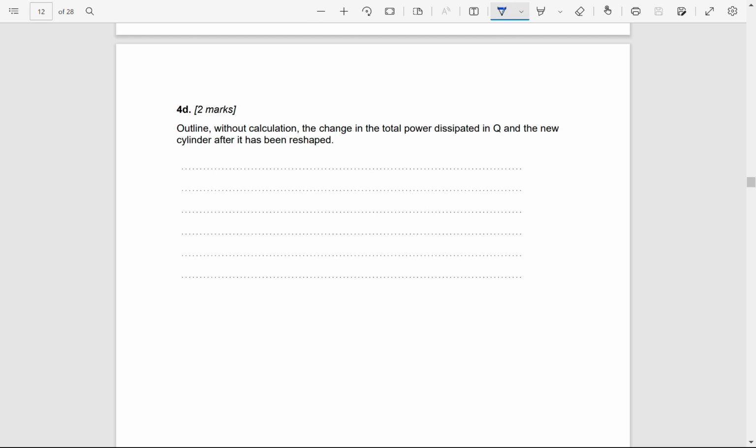4D. Outline without calculation, right? No numbers here. Change in the total power dissipated in Q and the new cylinder after it's been reshaped.